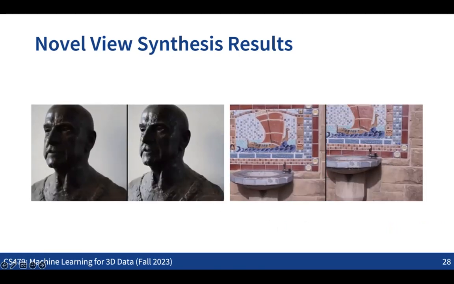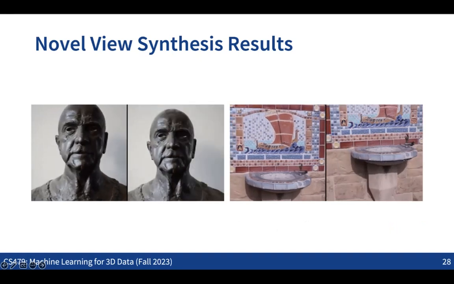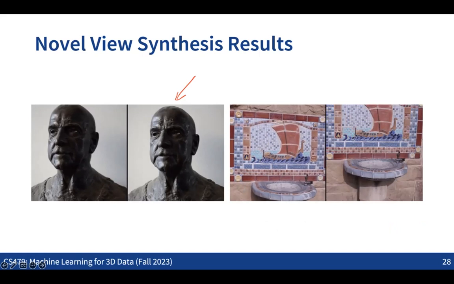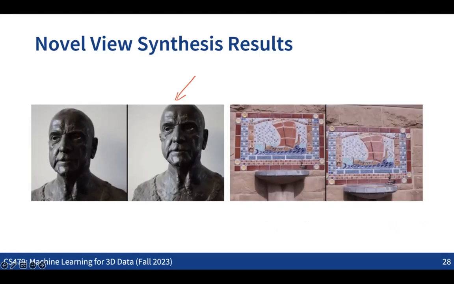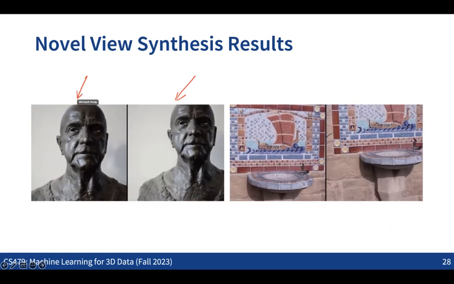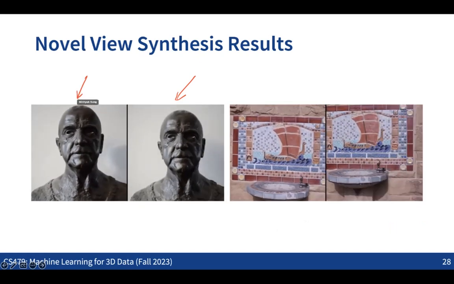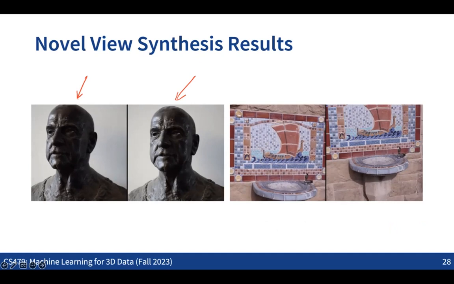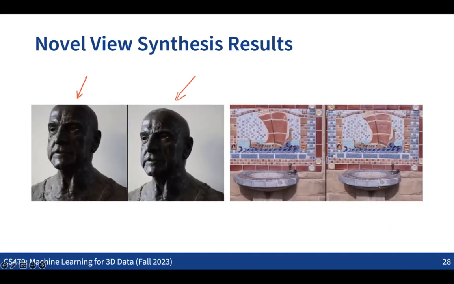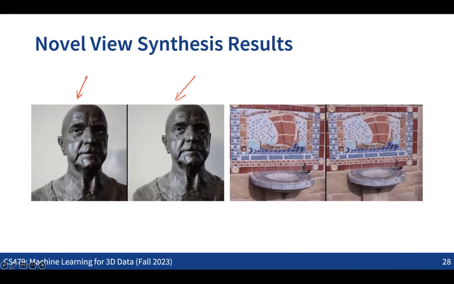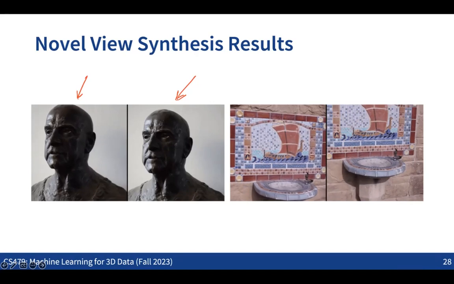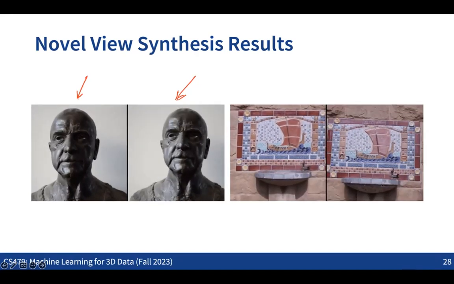On the left-hand side, you are seeing the output images while changing the camera pose, so the rendered images. And on the right-hand side, you are seeing the image in the training data set which has the closest camera pose.